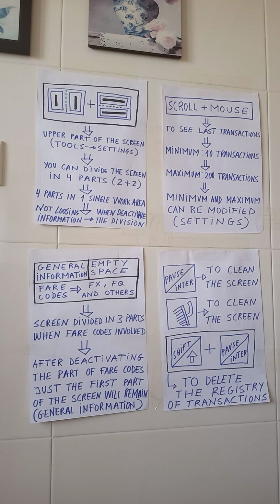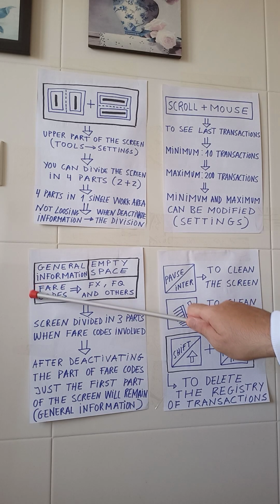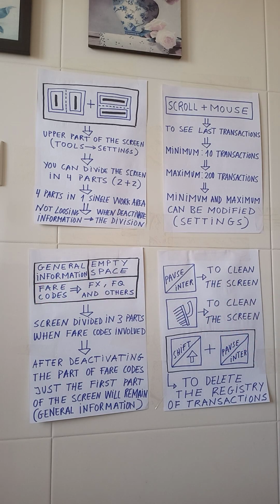In the upper right corner, we will have a blank space, I speak about this, that appears temporarily until we finish working with the specific transaction of the fares. It means that once we finish with the specific transaction of the fares, the screen will be vertically divided into two parts again.